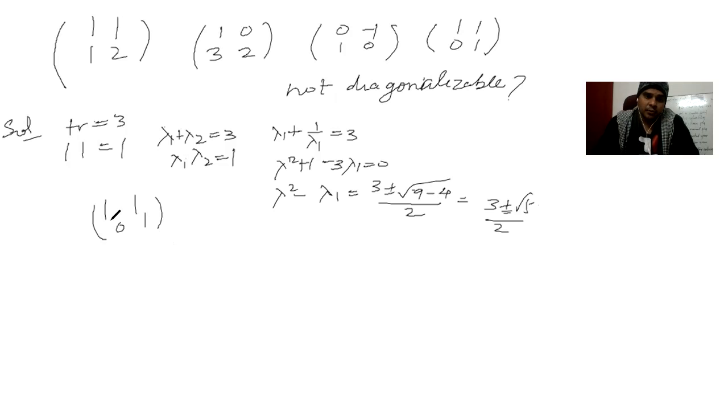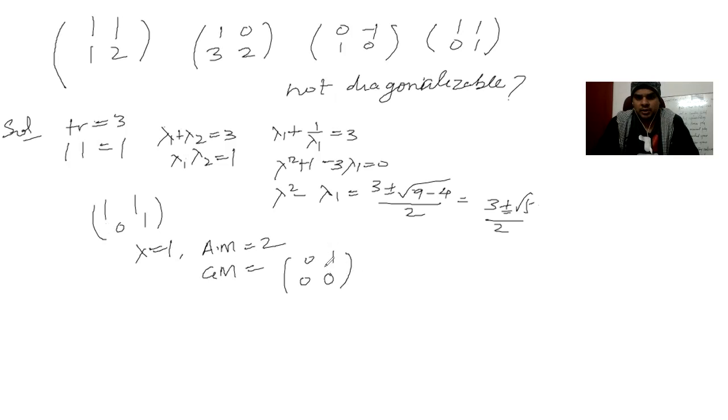Since lambda is equal to 1 repeated, the algebraic multiplicity of 1 is definitely 2 here. To find the geometric multiplicity, we subtract 1 from the diagonal elements, so it will be 0 1 0 0.